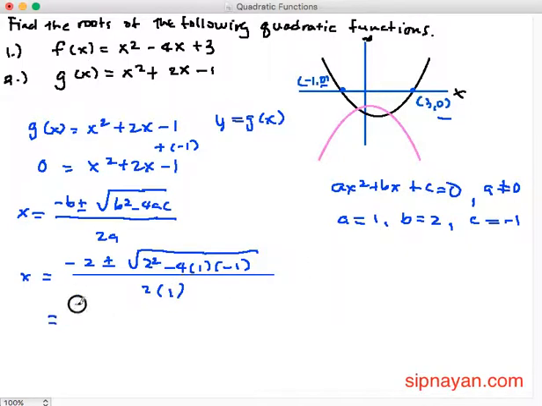Calculating, we have negative 2 plus minus square root of, what is 2 squared? 4, right? And then minus, what is 4 times 1 times negative 1? It becomes negative 4, right?